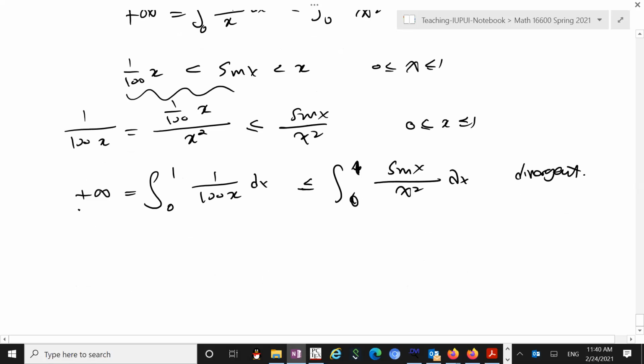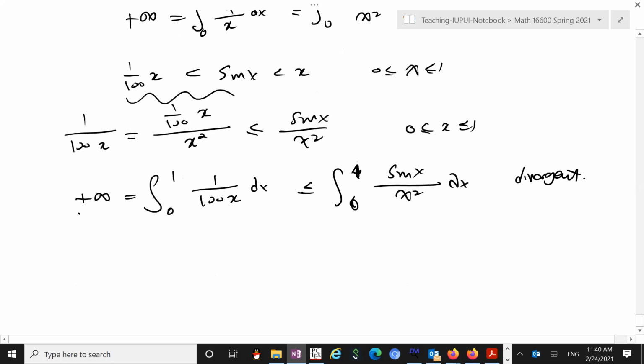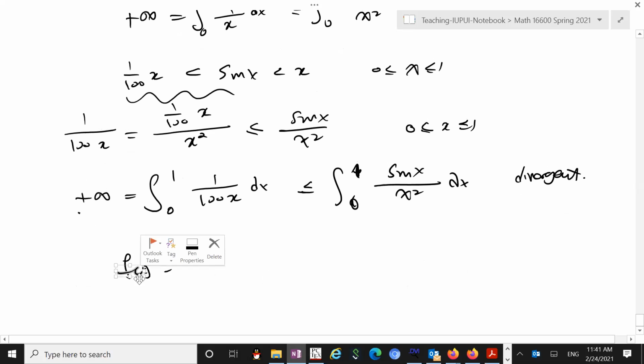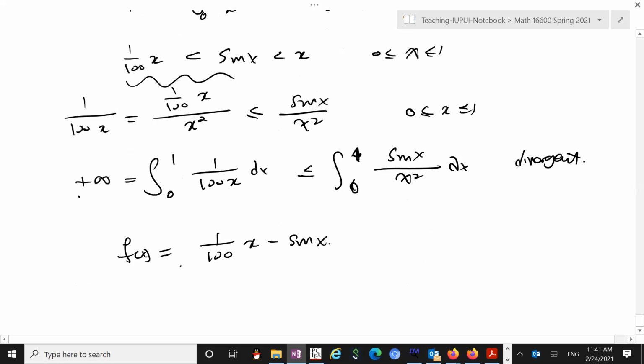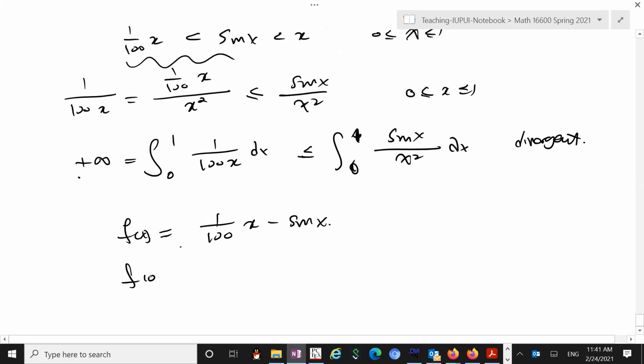But in order to prove that x over 100 is always less than sine x, you have to look at the function f of x. You take the difference, like sine x minus x over 100, and you want to prove this is positive. Or you switch the order, it doesn't matter. So f of 0 is 0.